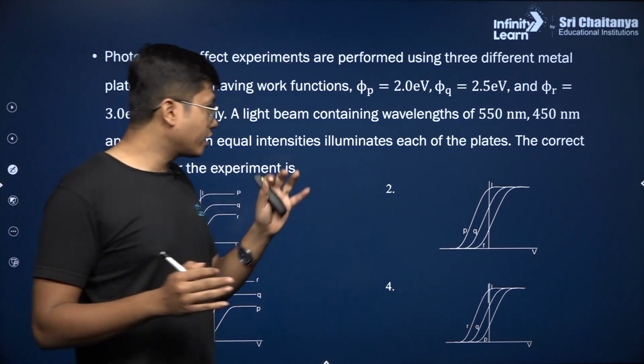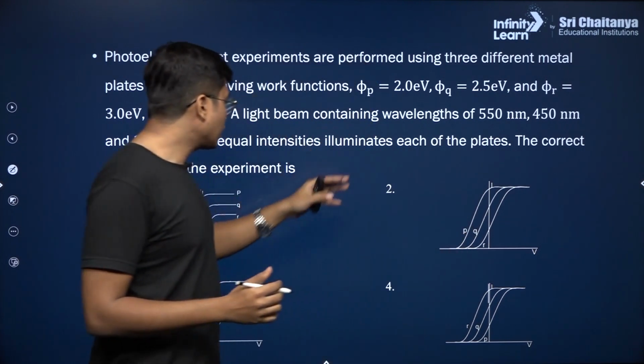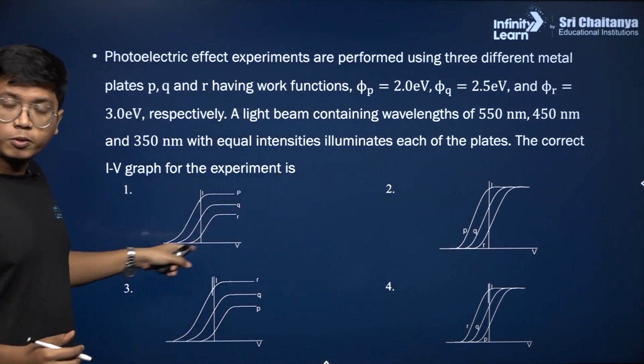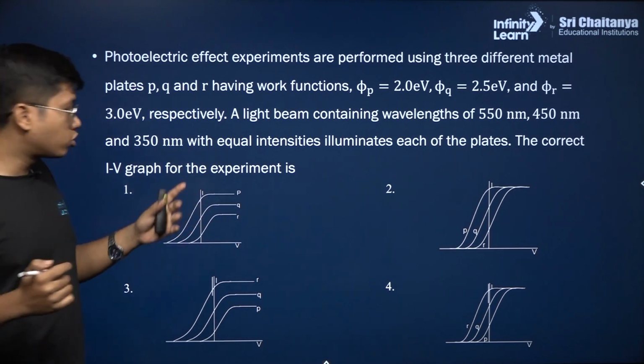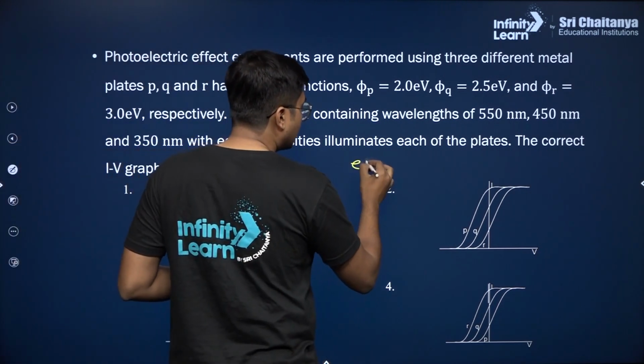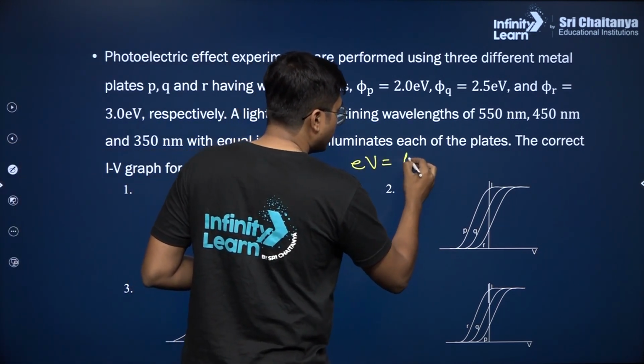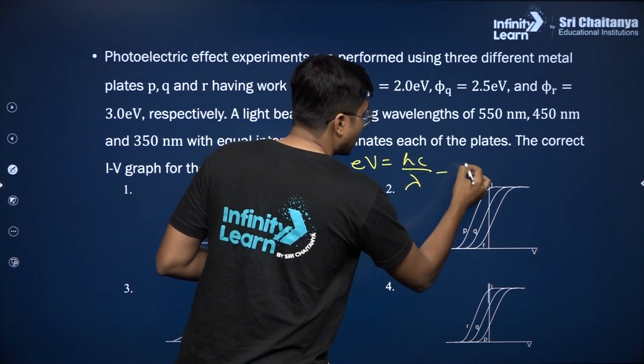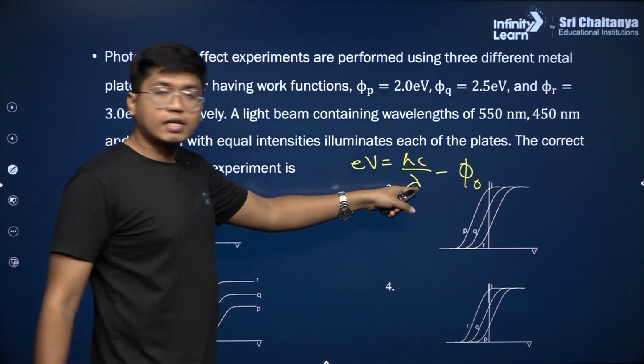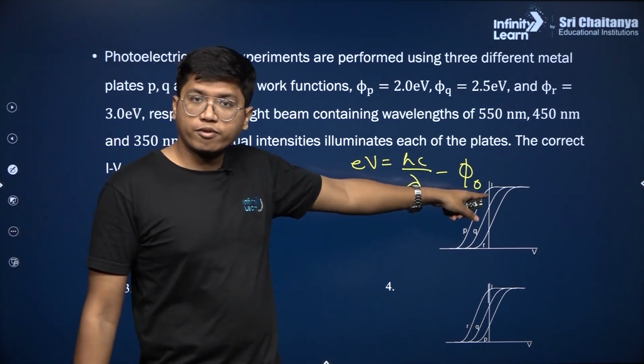Now the photoelectric effect equation with regards to the stopping potential, the potential across the plates you need to stop it, would be written as eV is equal to hc by lambda minus phi naught, where lambda was the incident wavelength and phi naught referred to the work function.